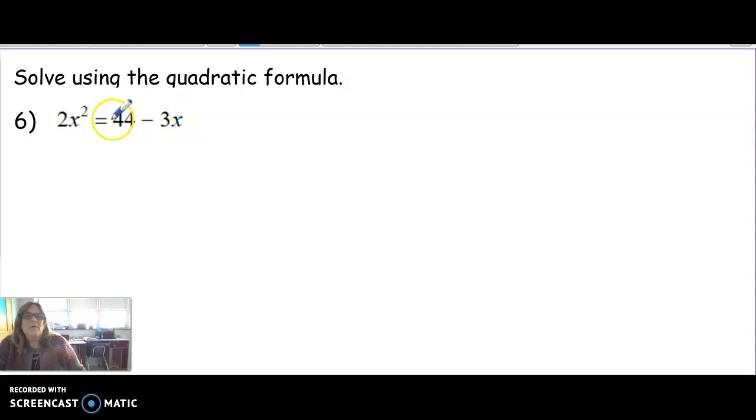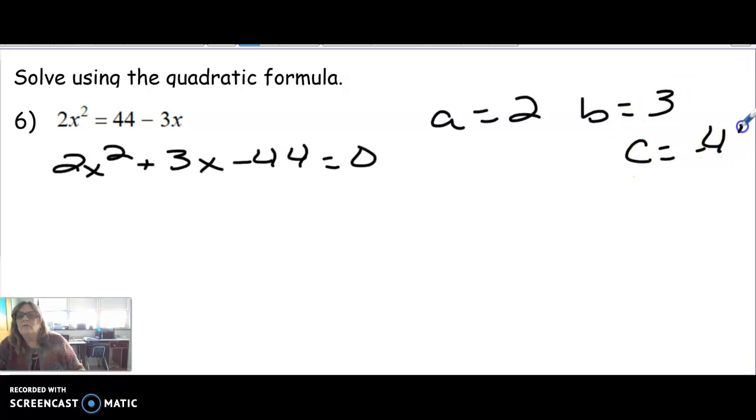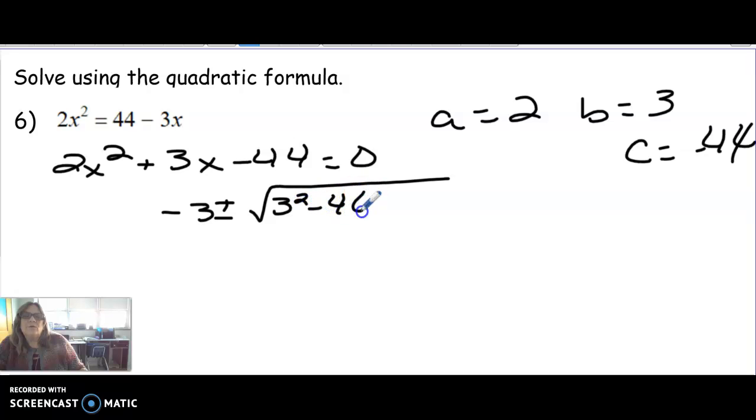And the last one, we're going to bring both of these over, so we have 2x squared plus 3x minus 44 equals 0. A is 2, B is 3, and C is negative 44. Negative 3 plus or minus the square root of 3 squared minus 4 times 2 times a negative 44, all over 2 times 2.